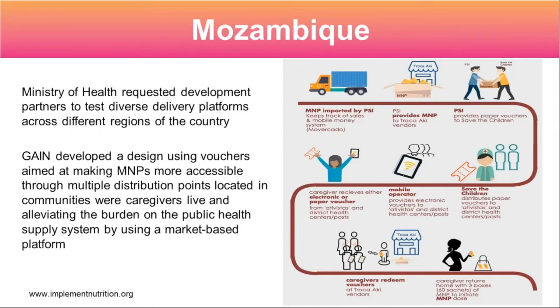There was also a mobile platform for electronic vouchers that was used much less frequently. It was mostly the paper vouchers that were distributed. When a caregiver received a voucher, she then went to the troca aki and exchanged her voucher for 3 boxes of MNP, which included 60 sachets, to be used over a period of 6 months.